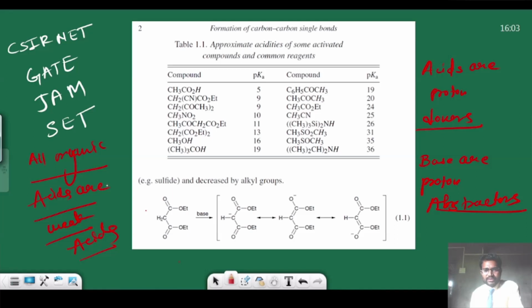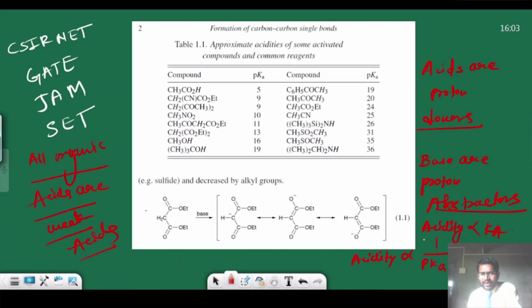One more point that you need to understand: acidity is inversely proportional to the pKa values, and directly proportional to the Ka values. You need to understand this particular point.